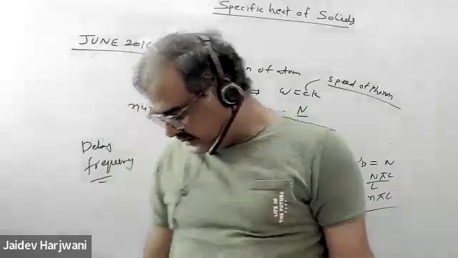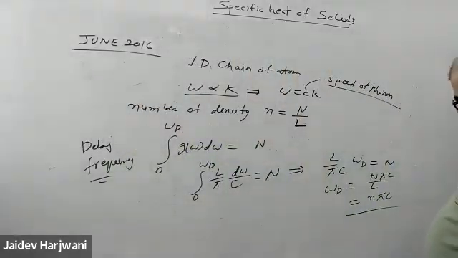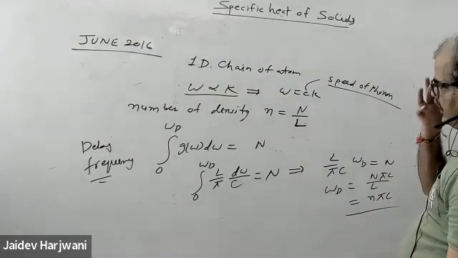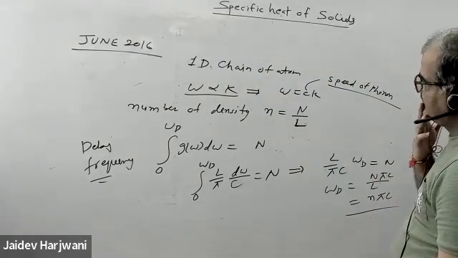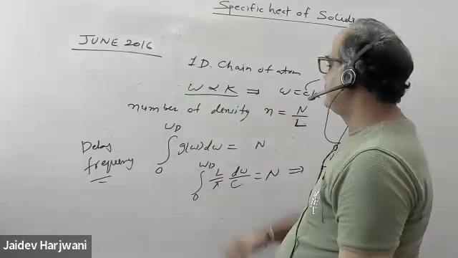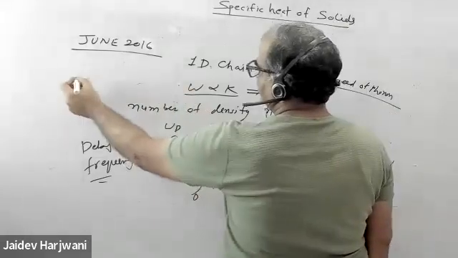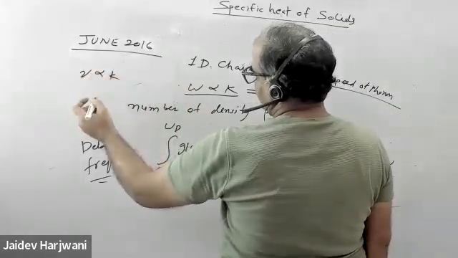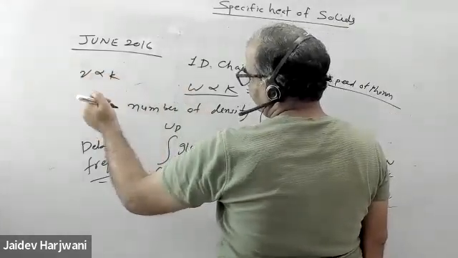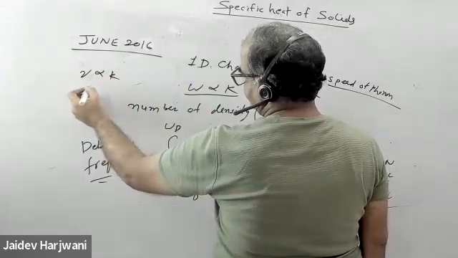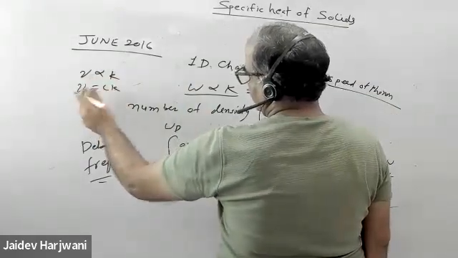So for that what we can do, if I assume linear frequency, omega is proportional to linear frequency, then this is ck.